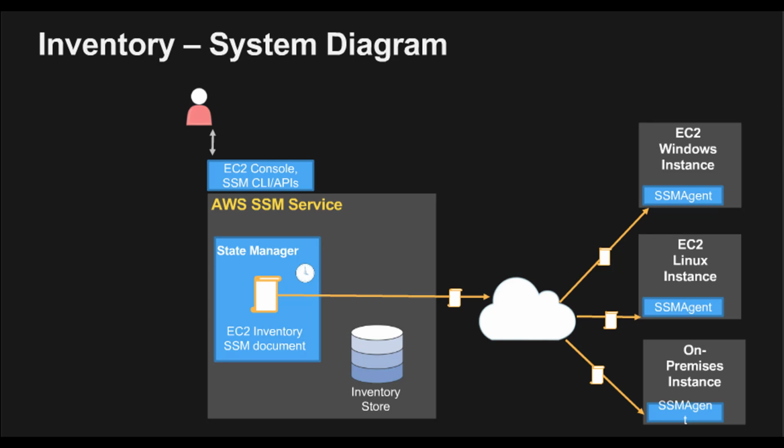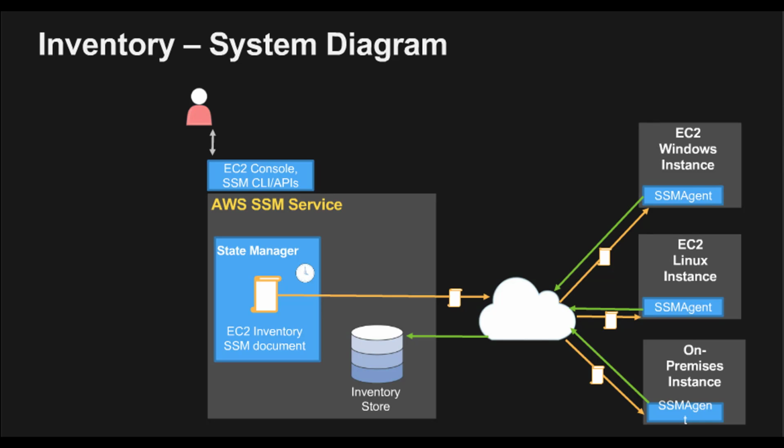All right, so this policy is pushed out to these different instances, and then the agent responds back with the inventory, and that inventory goes back to the inventory store. Now, optionally, you can take advantage of the integration with AWS Config. Inventory provides a point-in-time snapshot of your inventory picture.